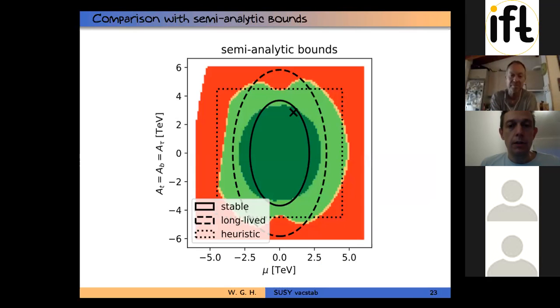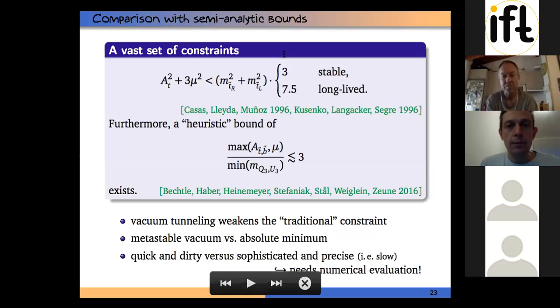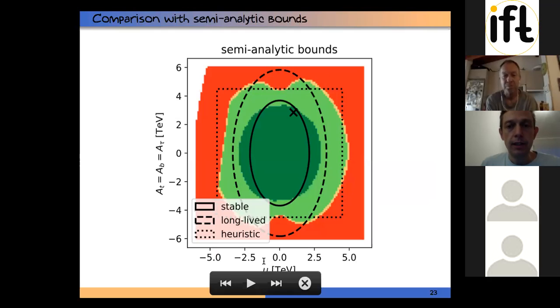So now comes the comparison. The colors are the same as before in the same benchmark point. The black crosses again are selected points. The black continuous line is the stable constraint by Casas and friends. The dashed line is the long-lived metastability bound by Kusenko and friends. And this dotted box is this heuristic bound.